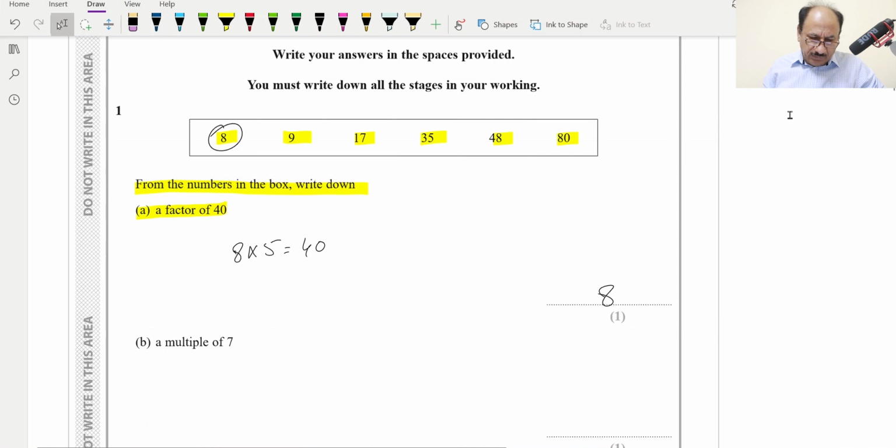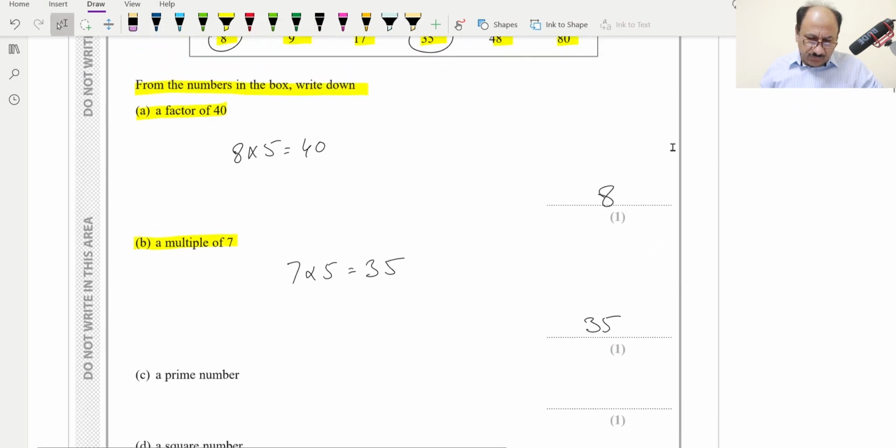And this B part, a multiple of 7. Similarly, 7 fives are 35, so 7 times 5 is equal to 35, so 35 is a multiple of 7. These are 1 mark questions, working is not required, but I'm writing it for your explanation.